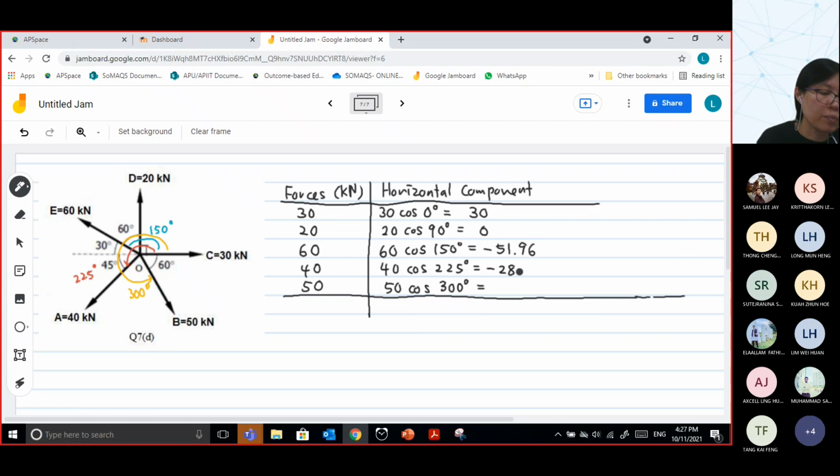Negative 28.28. 25. Okay, let's total up. Negative 25.24.